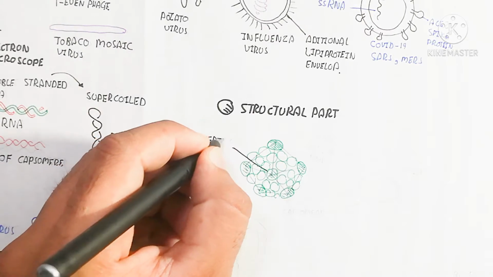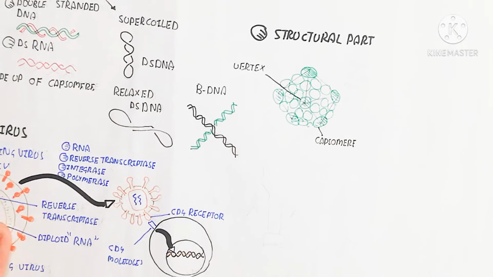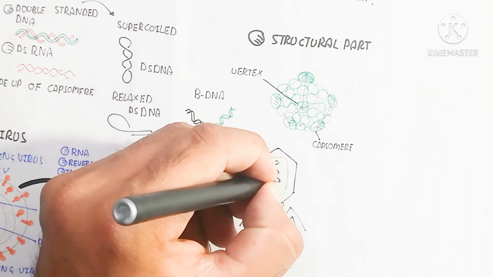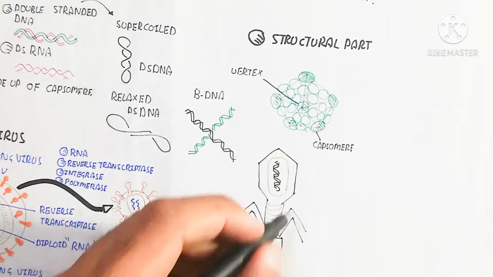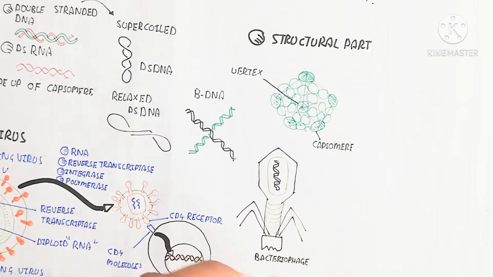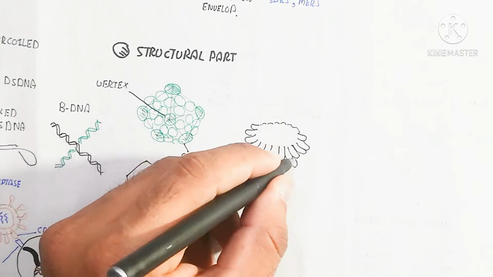So here we can say that is the structural part. Here I am drawing a vertex, and the capsomere is the unit of the capsid. The capsid is made up of capsomeres, and the polyhedral structure looks like this.